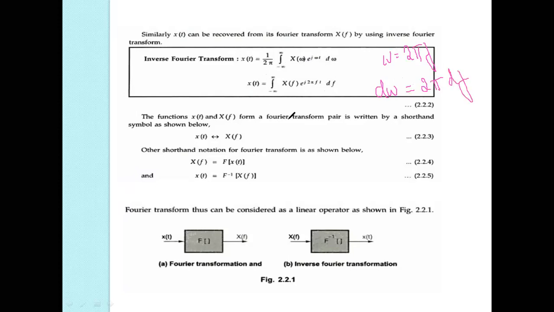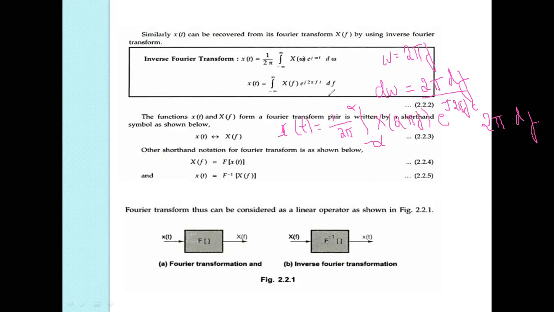Okay, my dear friends. Now this equation becomes x of t is equal to 1 by 2 pi times the integral from minus infinity to infinity of X of 2 pi f, e power j 2 pi f t, and d omega is equal to 2 pi into df.